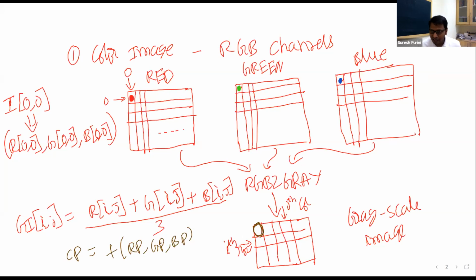This function can be anything, so let's not worry about it. No, this is not the color pixel, this is the gray pixel. The gray pixel GP is a function of the red pixel, green pixel, and I have a name conflict here.